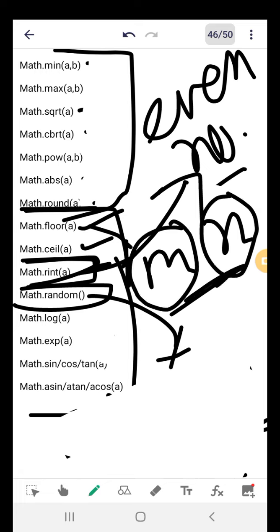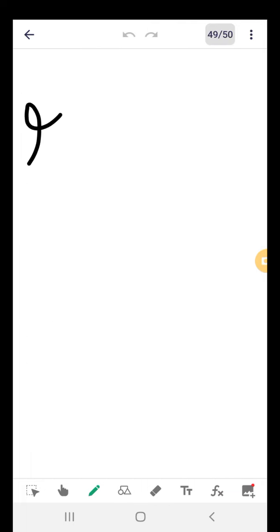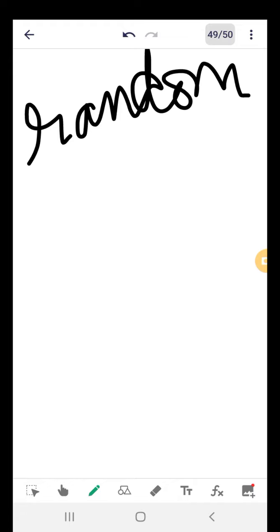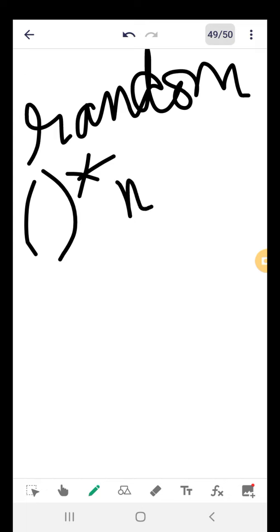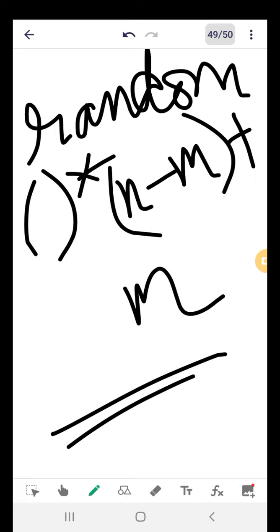Between these two numbers m and n, if you need to produce any random value, then you need to write Math.random, no space, bracket open close, times (n minus m) plus m. This is basically the formula to find any random number between m and n.